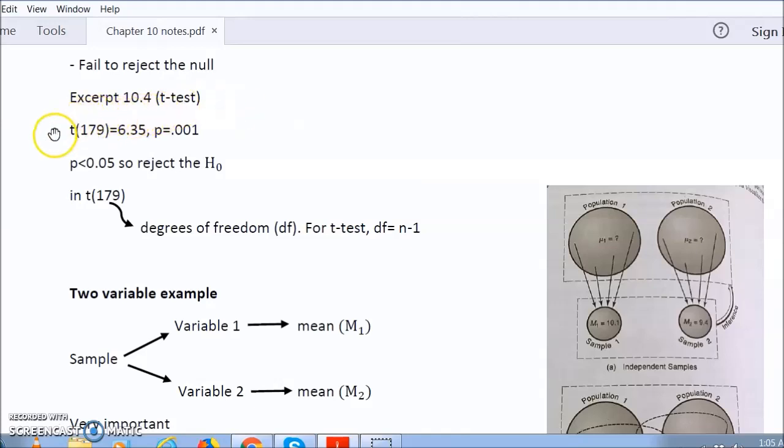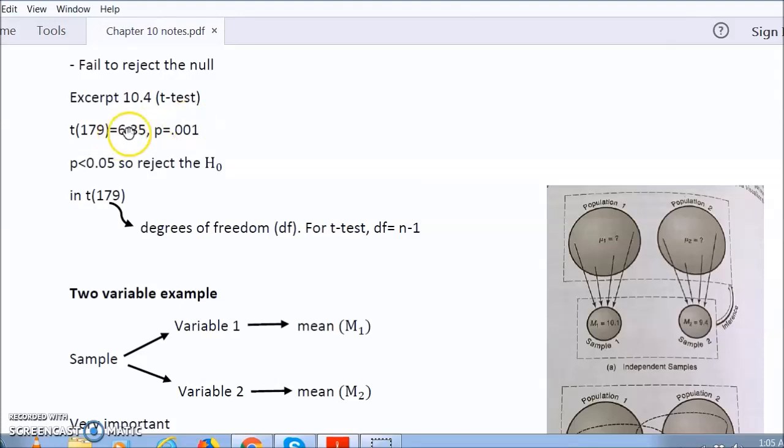The thing to notice is this one: t(179) = 6.35 and p = 0.001. So the first thing we notice is p is less than 0.05, which means we can reject the null. That means there is a statistical difference in the heavy episodic drinking.